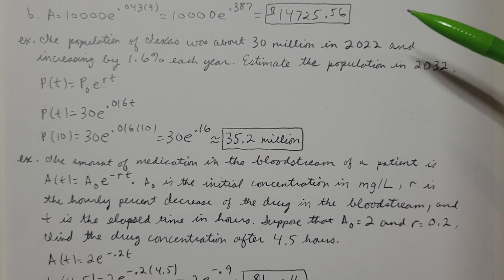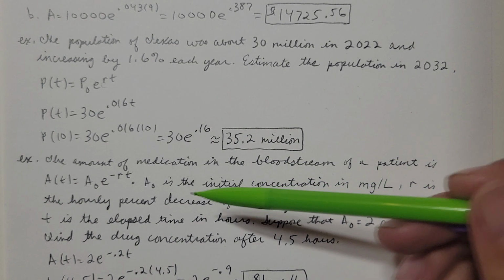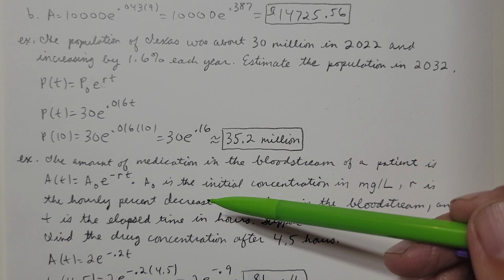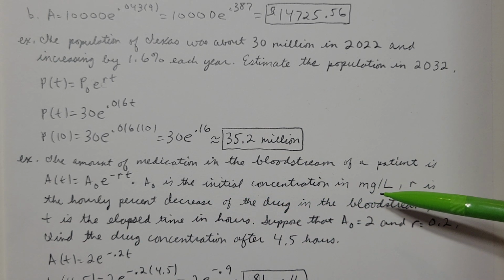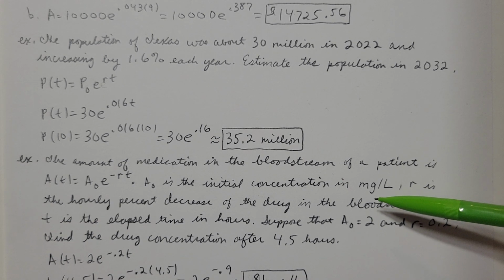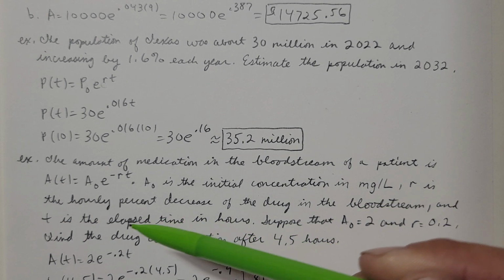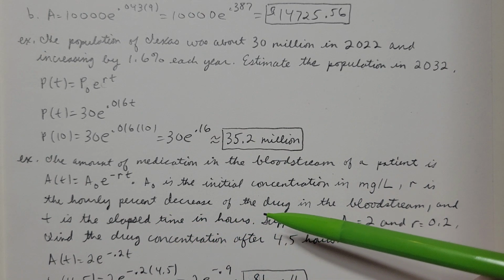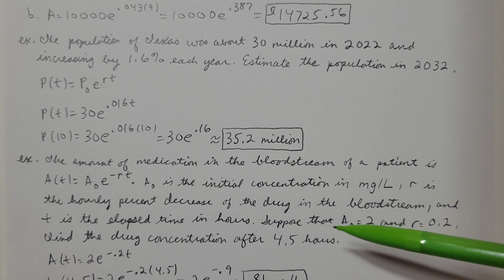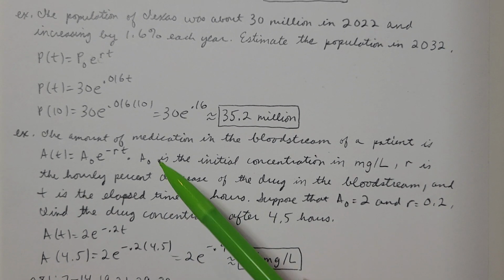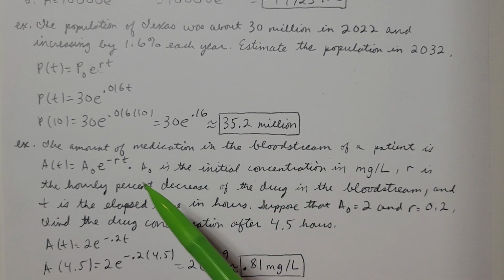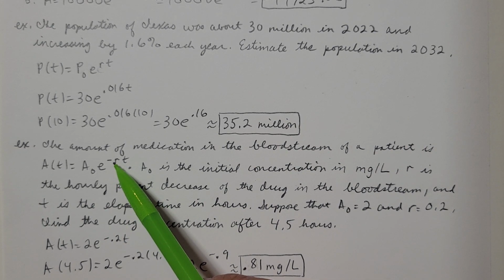So A of t, A is the amount. A sub 0 is the initial amount of concentration in milligrams per liter. R is the hourly percent decrease of the drug in the bloodstream. And t is the elapsed time in hours. Okay, now one thing to mention here, notice that the power is a negative. What that means is that over time, the population is going to get smaller.